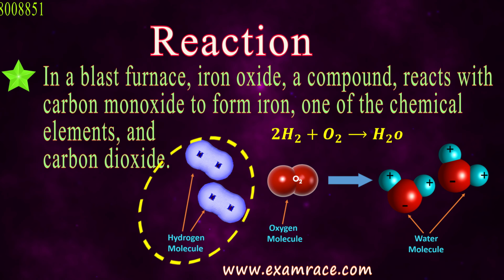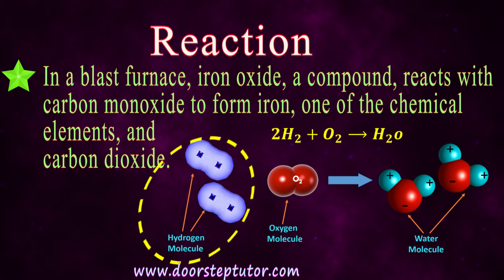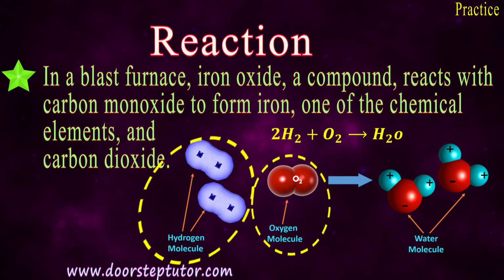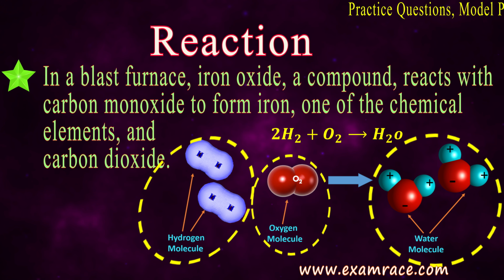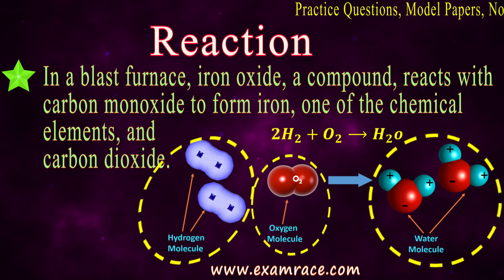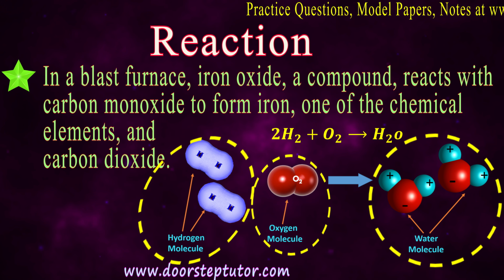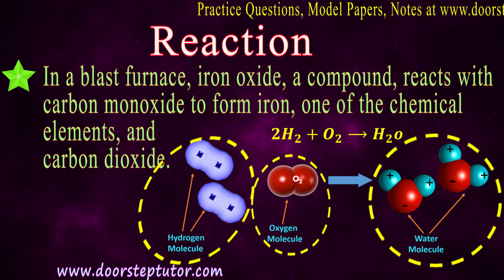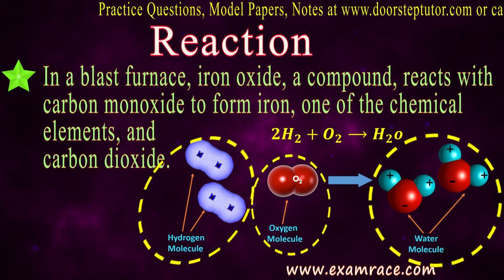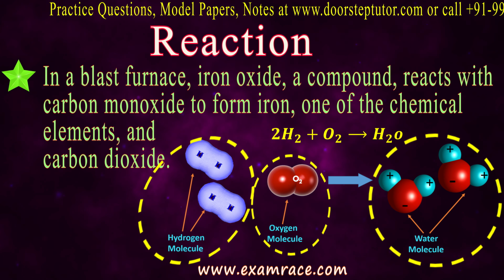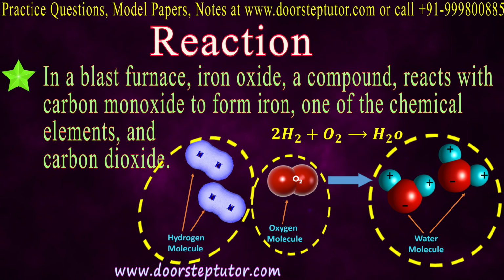The hydrogen molecules are reacting with oxygen molecules and giving back the water molecule. Now you can clearly see how different the hydrogen and oxygen gas molecules are from the water molecule. You can see there is a big difference in phase alone. They are in gaseous form and the product is in liquid form.